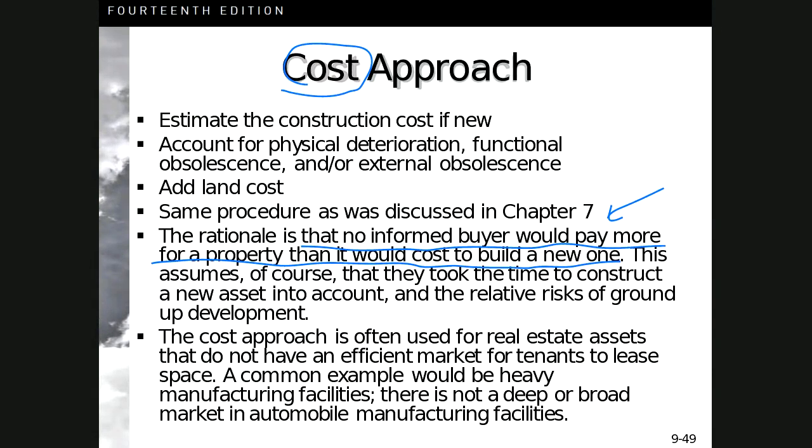So be very careful about this rationale, because, well, why don't I just go build myself a new one? Well, you may or may not be able to build yourself a new one. On the other hand, it also assumes that they actually have the time and the ability to take on and construct a new asset.